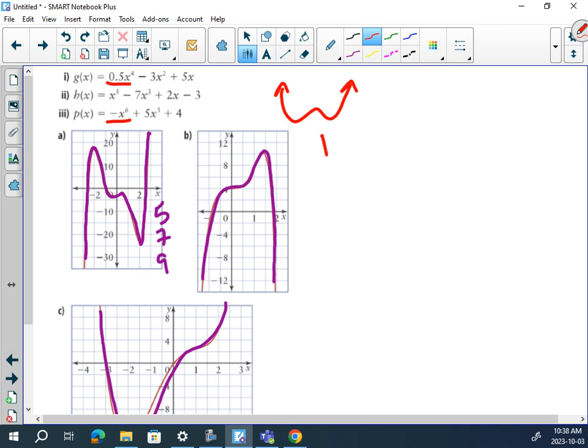My sixth power, again, looks something like this, unless it's been flipped. So with the positive in front, I know that this is graph I, and with the negative in front, this is graph III, or 3.